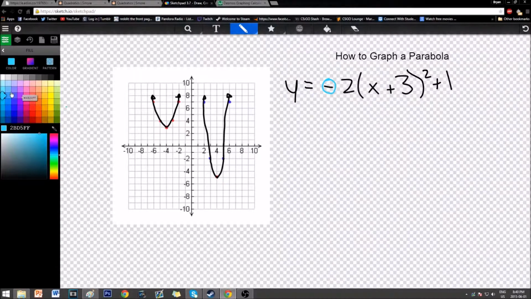So to graph this, we'll start off by using these two vertex points and plotting them. So since that's positive 3, it'll be negative 3 on this side, so 1, 2, 3, and then 1, so that point right there.